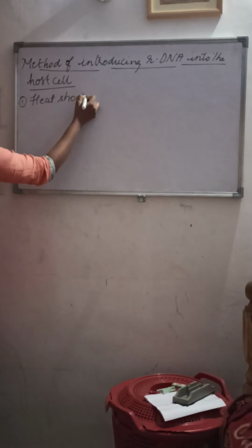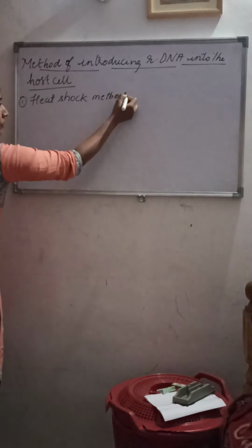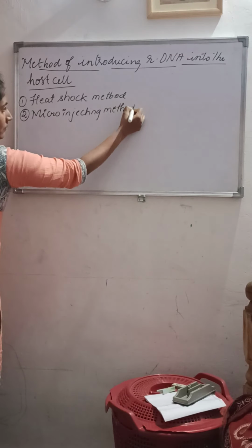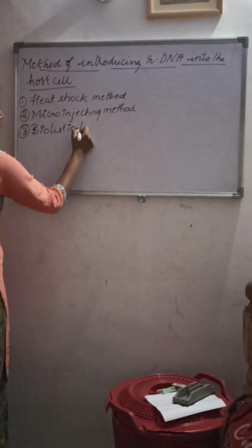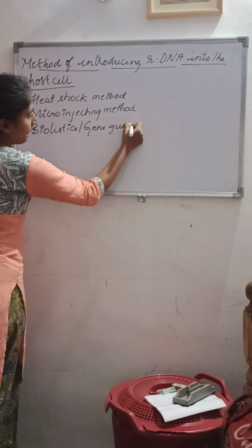The first one is the heat shock method, and the second one is the micro-injecting method. The third one is the biolistic or gene gun method.